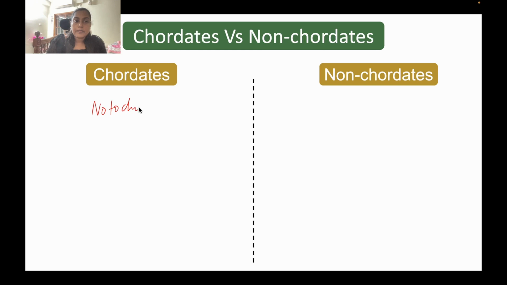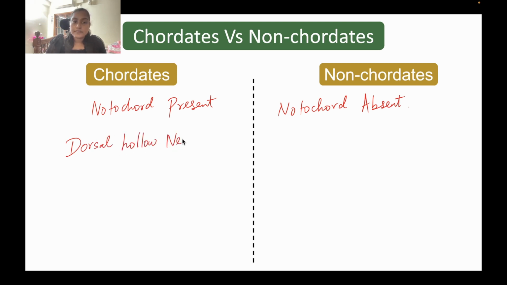Notochord present in chordates. In non-chordates, notochord absent. Correct na, children? And in chordates, if you see, they have dorsal hollow nerve cord. Whereas in non-chordates, it is ventral solid nerve cord.